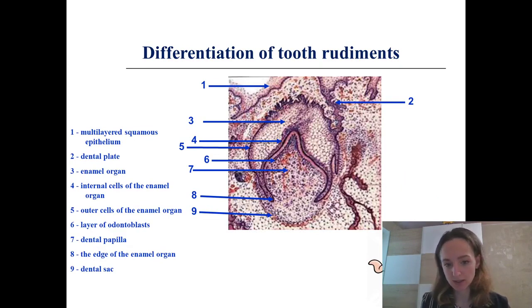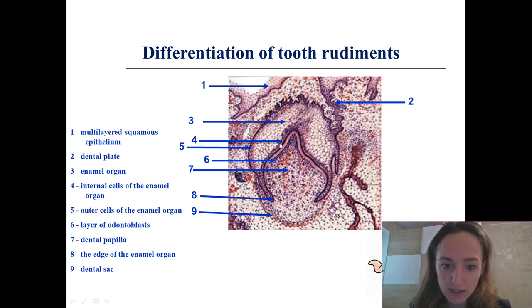Here you can see the table, differentiation of the tooth rudiments, and a dental plate here, enamel organ, then fourth, internal cells of the enamel organ. Next one, outer cells of the enamel organ, layer of odontoblasts.